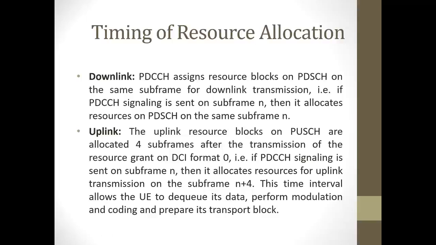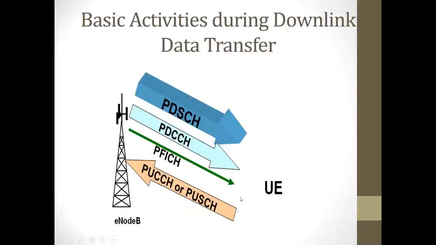But here in the uplink, it sends the signaling, and then the UE is the transmitter. So the UE will create the packet, which requires some time, dequeuing data from the application and using the modulation and coding process.